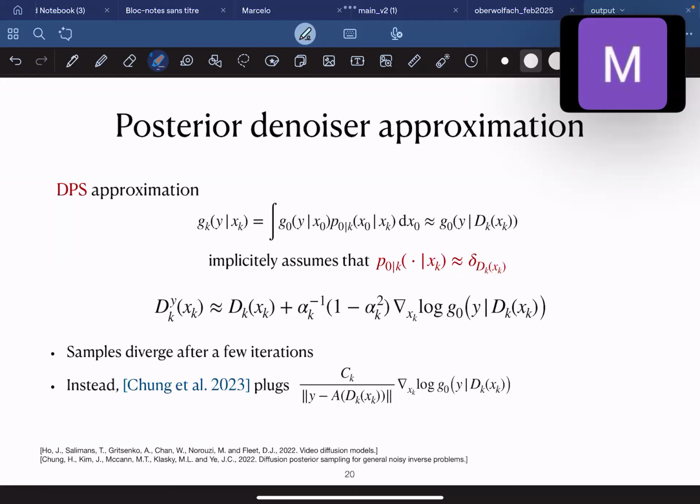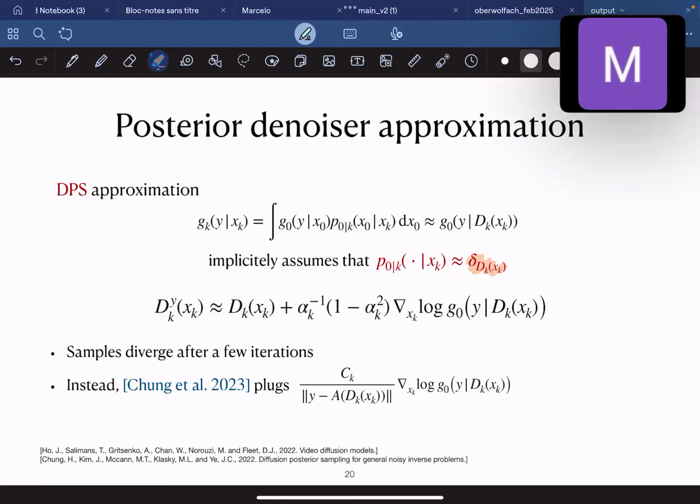Keeping in mind the approximation made in DPM, you can make the same approximation, meaning you can approximate this conditional distribution of x_0 given x_k as the Dirac mass at the denoiser at step k.